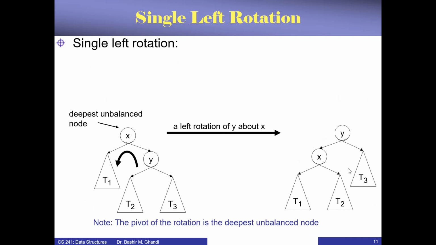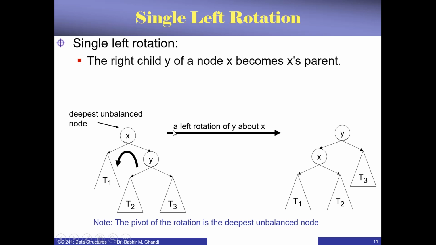Single left rotation is similar. We have a node x that we wish to rotate to the left. As you will guess, its right child y will move up to become the parent. The right child y of x becomes x's parent. X goes down to become the new left child of y. You may ask, what becomes of the former left child of y?